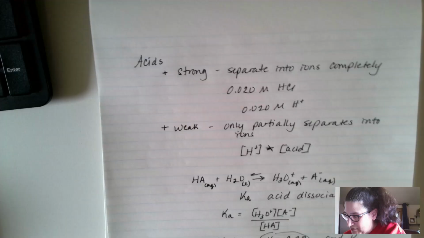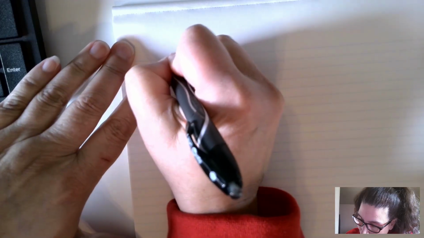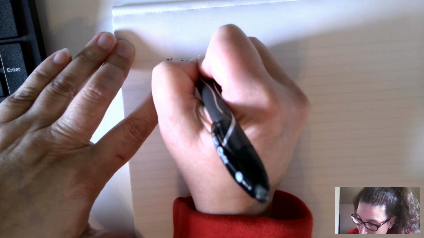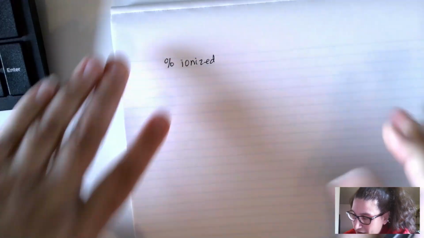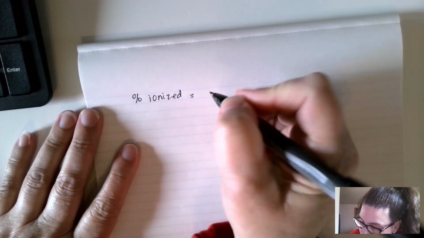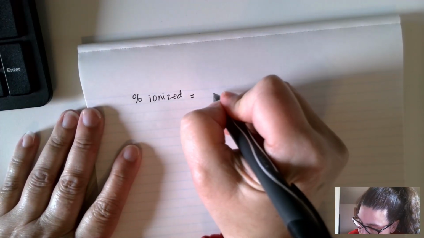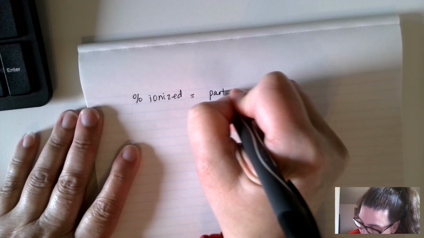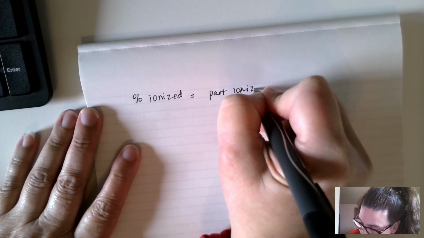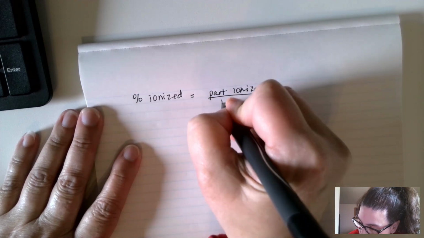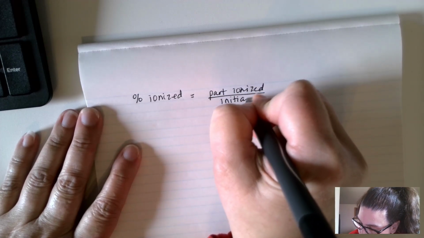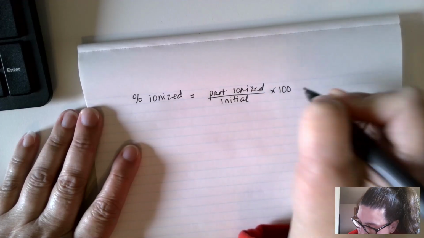A lot of times they're going to ask me to figure out the percent that was ionized. To figure that out, we take the part that was ionized over the initial concentration times 100.